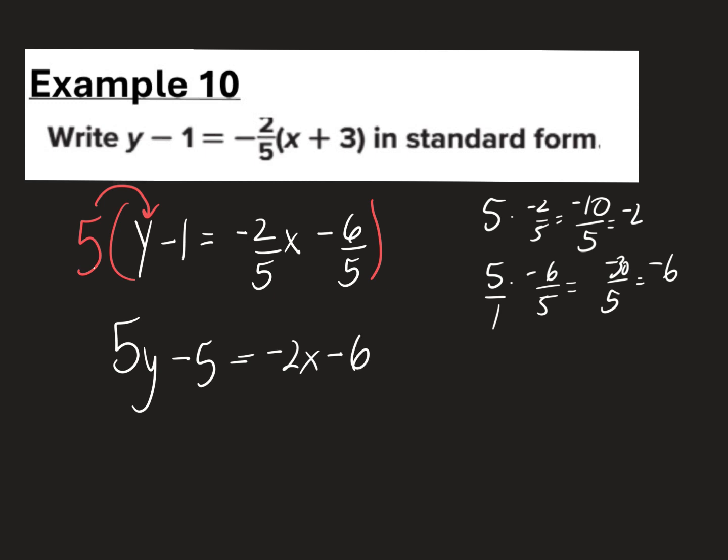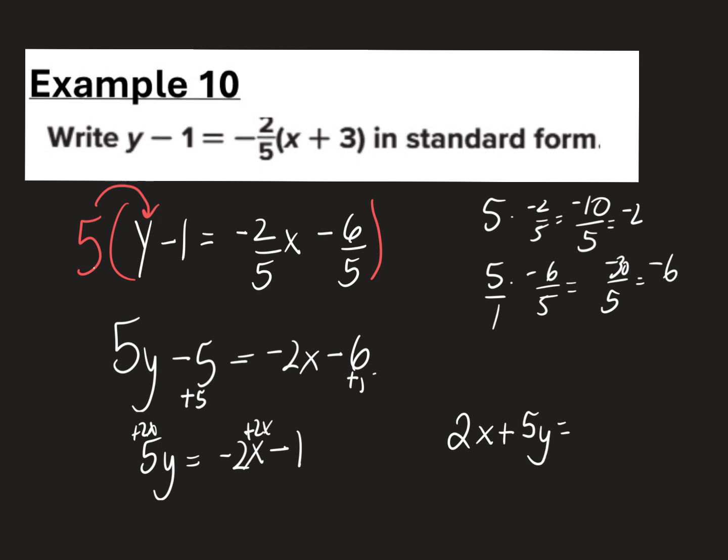Now I'm going to add 5 to both sides. So 5y equals negative 2x minus 1. And then I'm going to add 2x to both sides. So I'd have 2x plus 5y equals negative 1. And I have written that equation that was in point slope form in standard form.